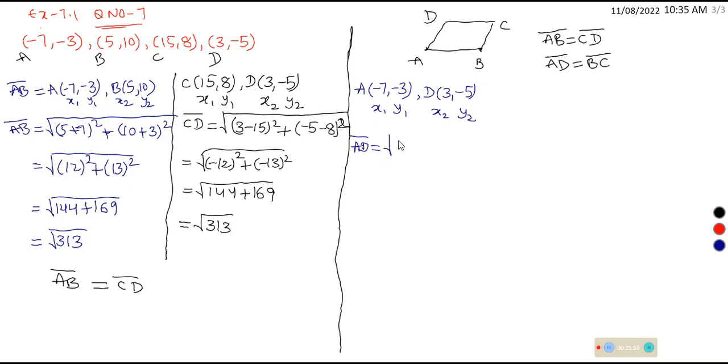Now AD distance is equal to the square root of (x2 minus x1), that is 3 minus of minus 7, that is 3 plus 7 whole square, and next (y2 minus y1), minus 5 plus 3 whole square.